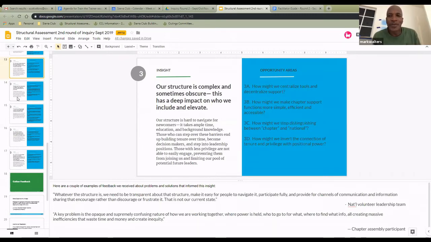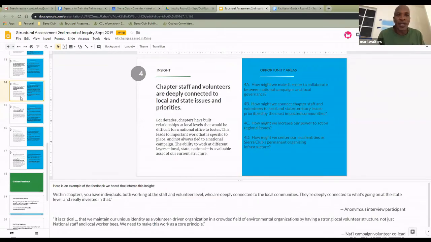How might we stop distinguishing between chapter and national? We heard that one a lot. How might we invert the connection of tenure and privilege with positional power? Again, let us know how you feel about each of these questions, whether they are the right ones, and how they rank with you and your team. The next one, Scott.